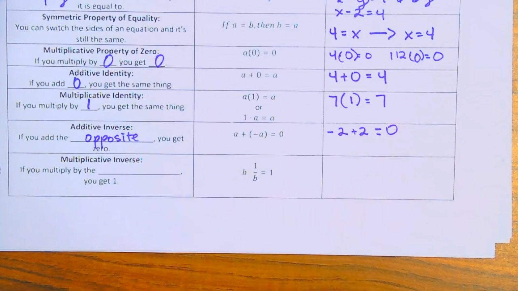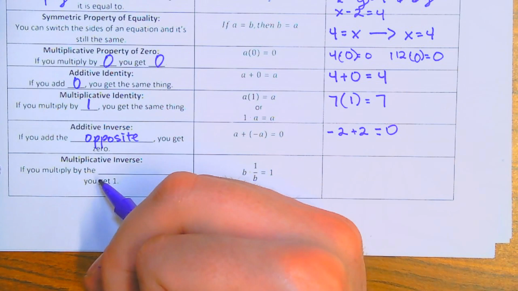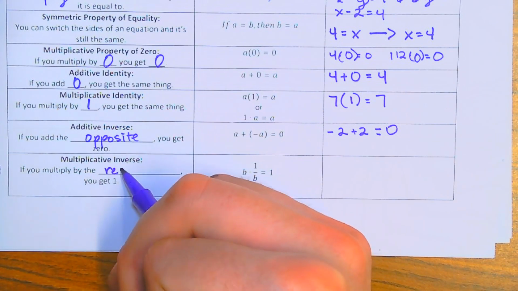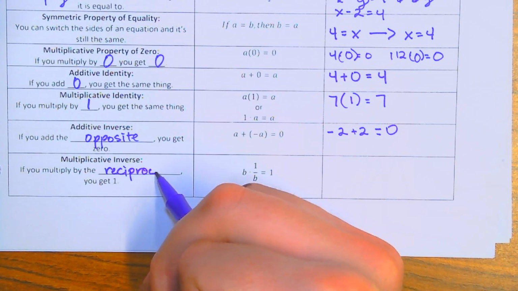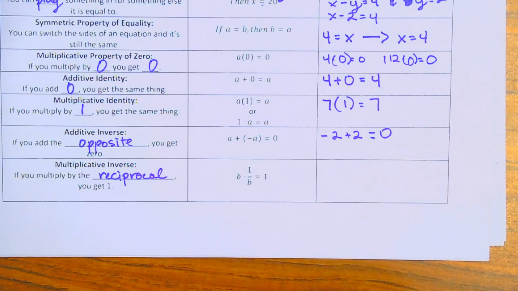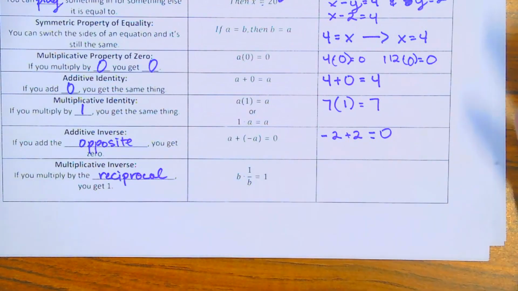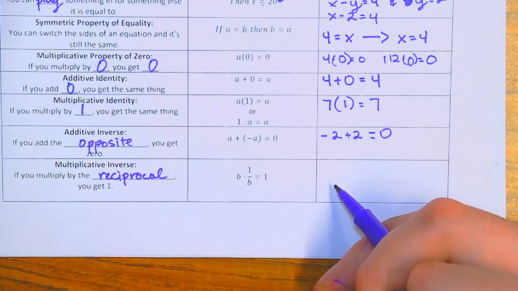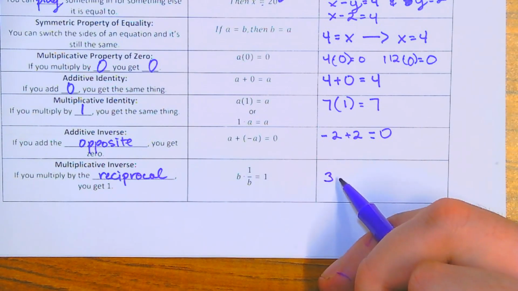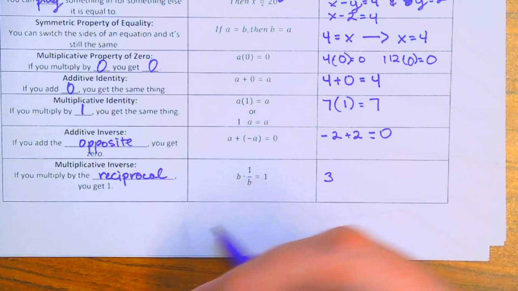Okay? Now, when I have the multiplicative inverse, what we use is called the reciprocal. If you multiply by the reciprocal, you get 1. Okay? So, here's what I want you guys to see. Let's say we have 3, and our reciprocal, if you guys can remember, is where we just have a fraction, but it's flipped over.